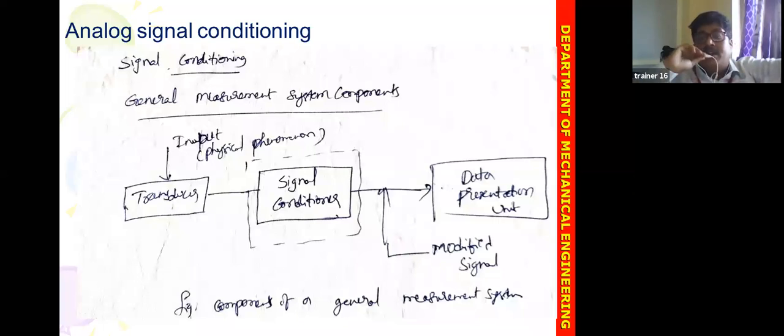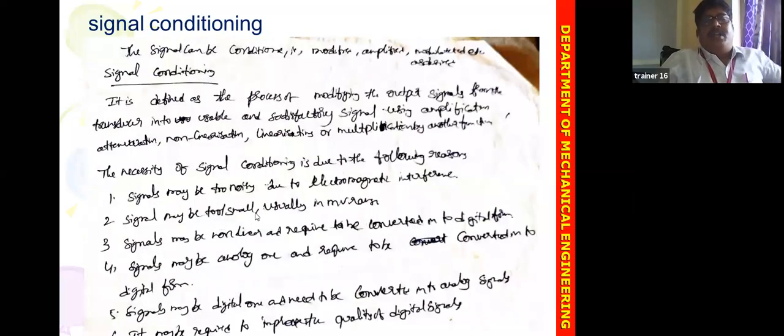The transducer converts that signal into electrical form, which is sent to the signal conditioning. The signal conditioner makes the signal correct and sends the right signal on to the data presentation unit, which is a monitor, display, or indicating device.